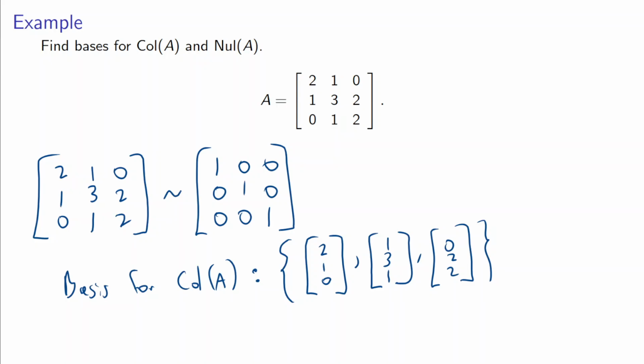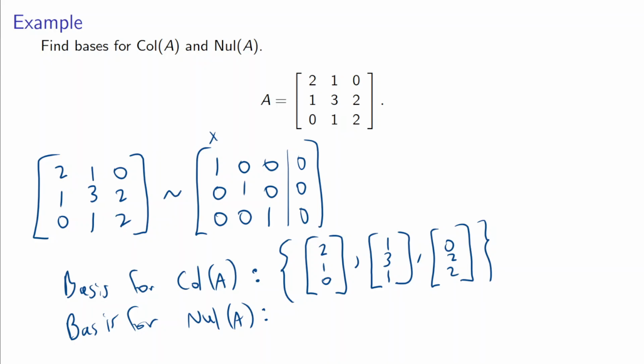Here, the column space is all of R3. What about the null space? So, a basis for the null space of A. Well, if we augment A with the 0 vector, and again, just for now, maybe I'll do that so you can really see what's going on.